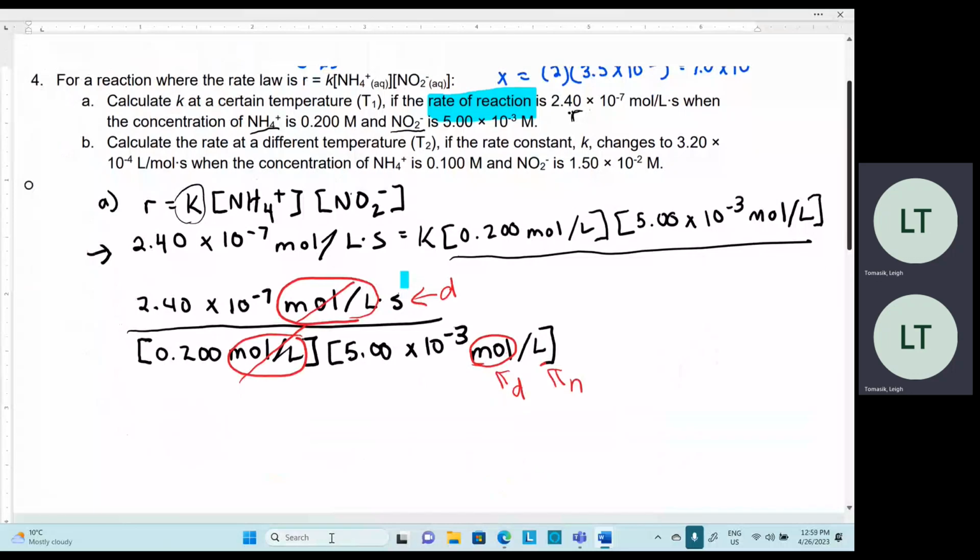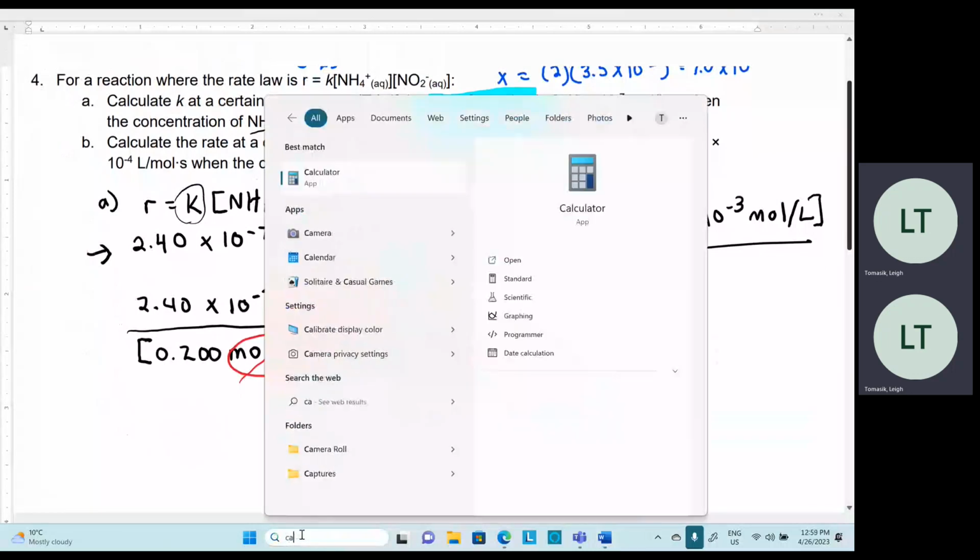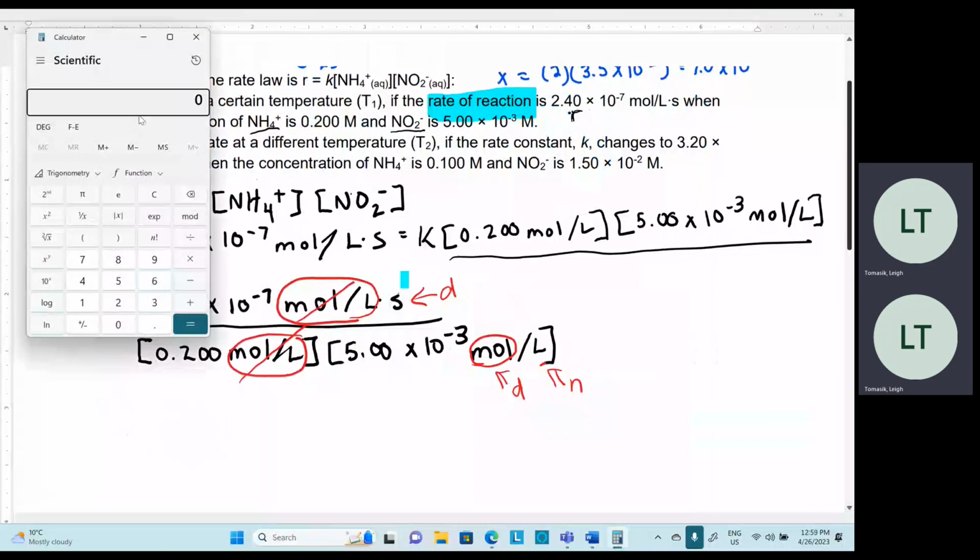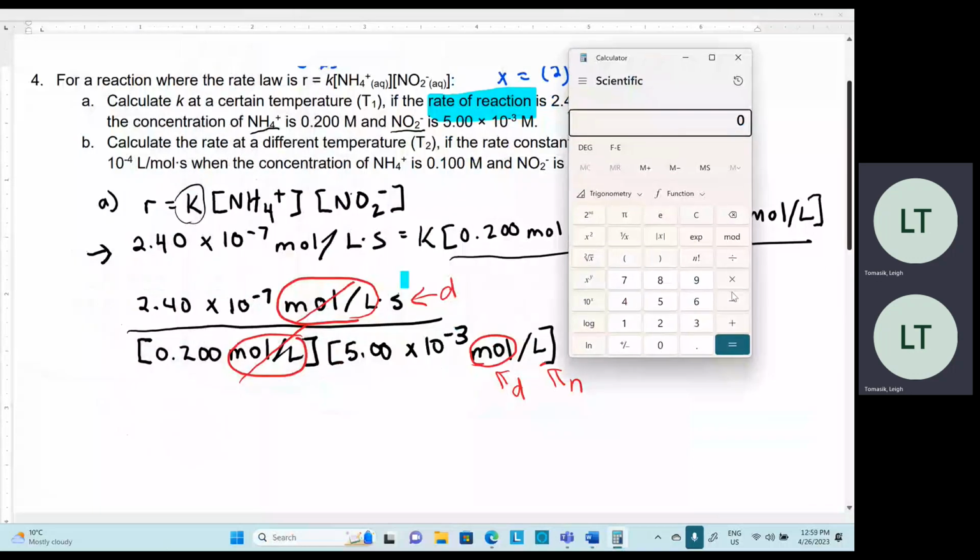Maybe I can show you how I do this on a calculator. Keep in mind that on the exam, you can't use your phone. Okay, here's a scientific calculator. So I can go 2.40 times. Actually, I have a better idea. I'm going to clear this.